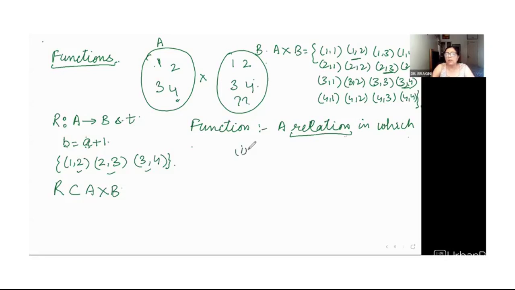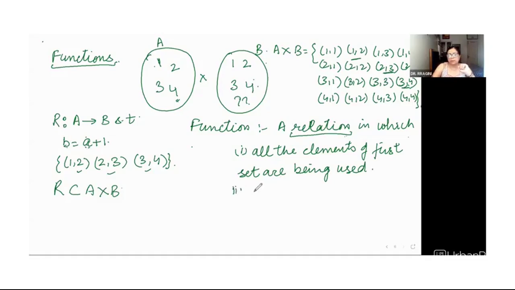So a relation in which there are two criteria that a relation should satisfy to become a function, right? I'm telling you in a very simple manner, not the mathematical one, so that once you remember how a function is formed, you remember its properties. First, all the elements of the first set are being used.